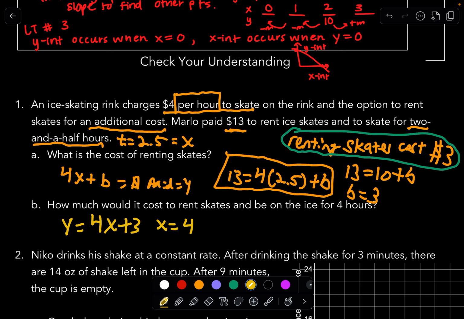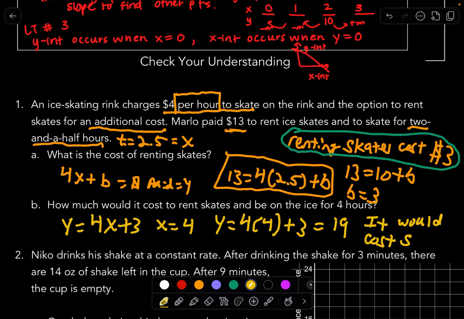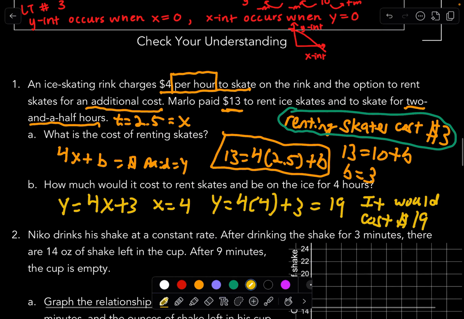So we can plug 4 in for X, and you get Y equals 4 times 4 plus 3, which equals, 4 times 4 is 16, plus 3 is 19. So how much would it cost to rent skates and be on the ice for 4 hours? Notice I'm answering this in a sentence, it would cost $19.